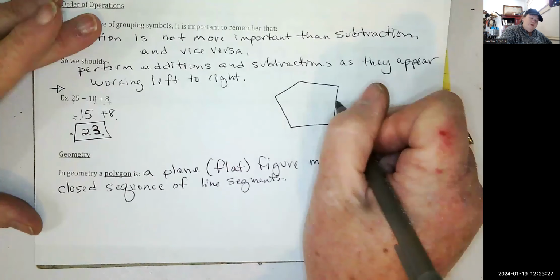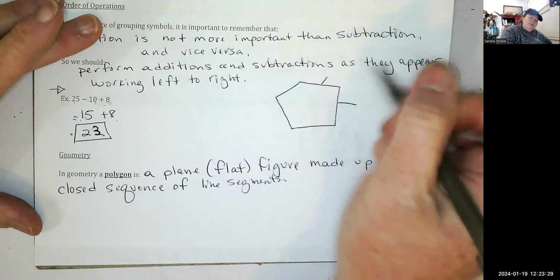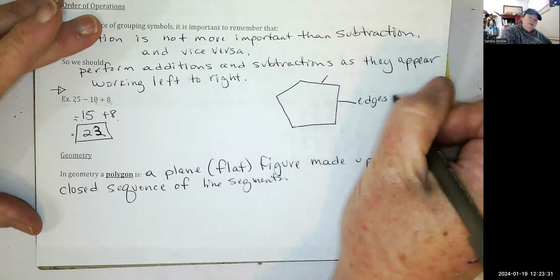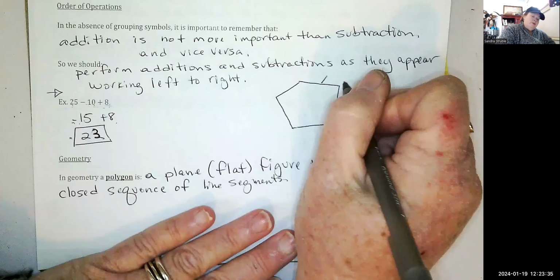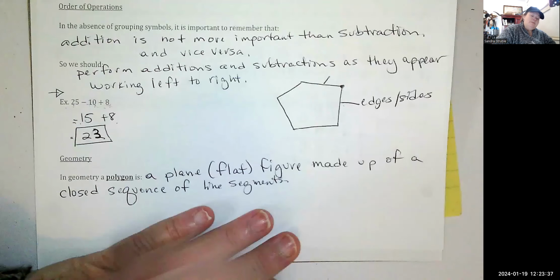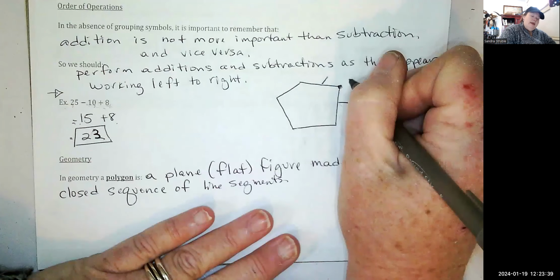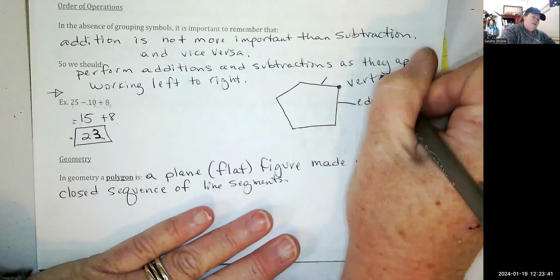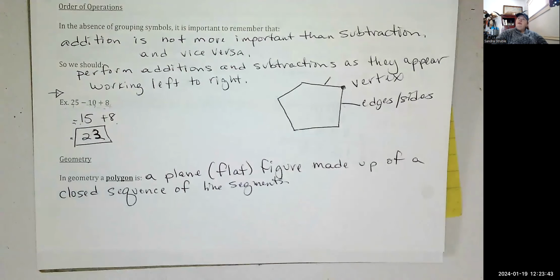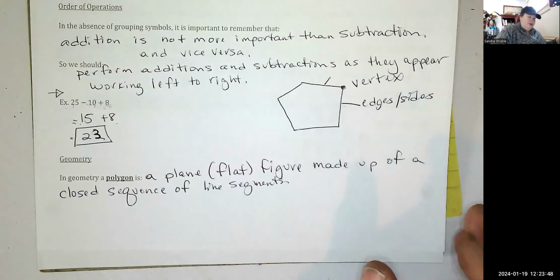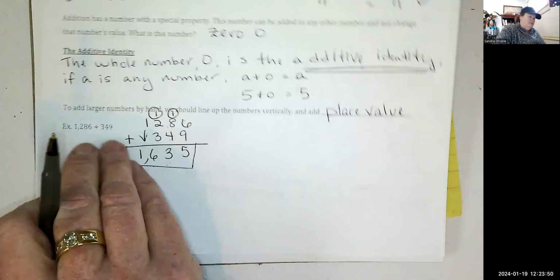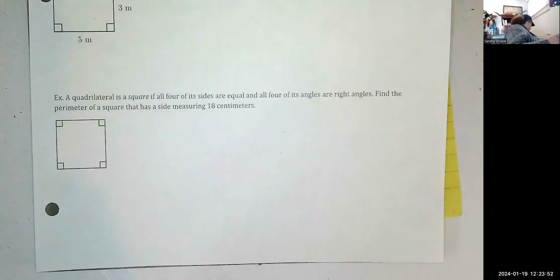So you've got some edges or sides here. Edges, sides, whatever you want to call it. All right. There's a point where the edges and sides meet, and that's called a vertex. Everywhere they meet is a vertex. Okay. So, that page.